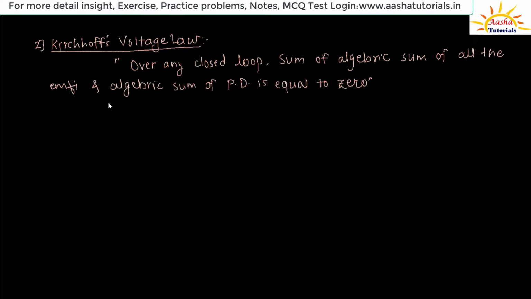Mathematically, over any closed loop or circuit, the algebraic sum of all EMFs and the algebraic sum of all the potential differences, which we can find by I into R by Ohm's law, you know that, is equal to 0. So you remember this particular thing, and easily you can remember Kirchhoff's voltage law.